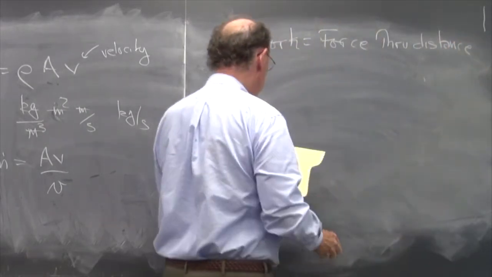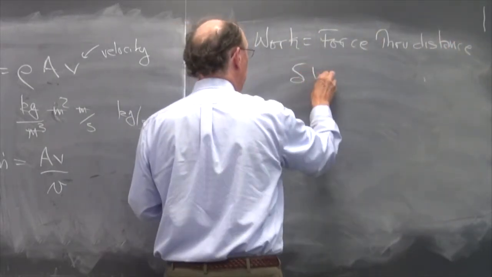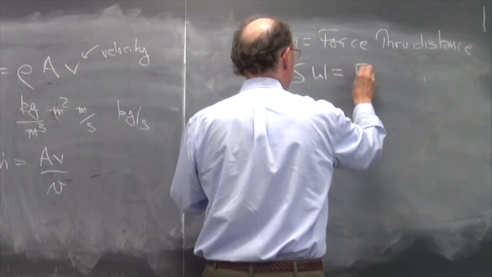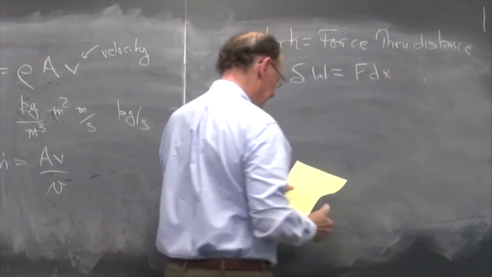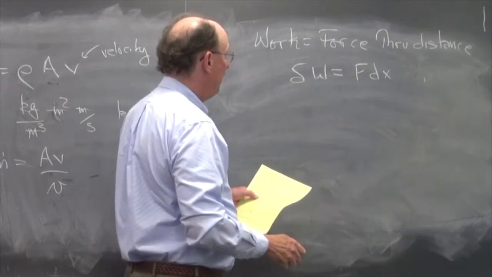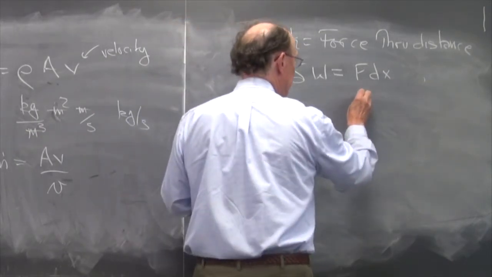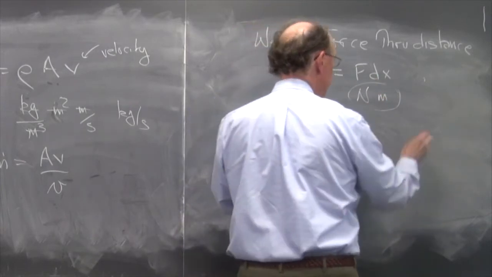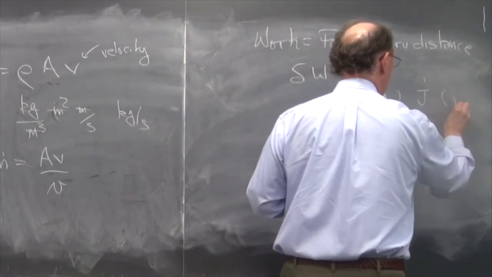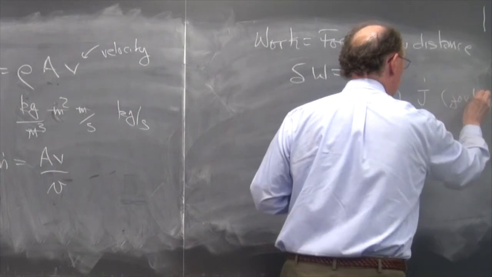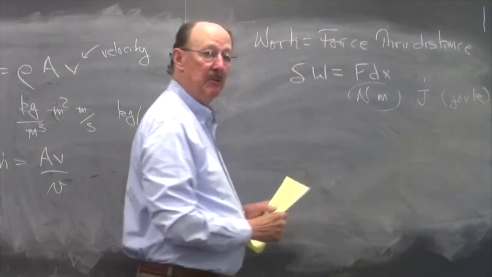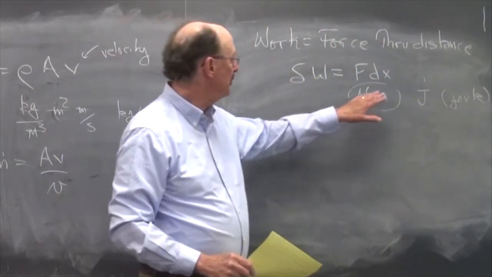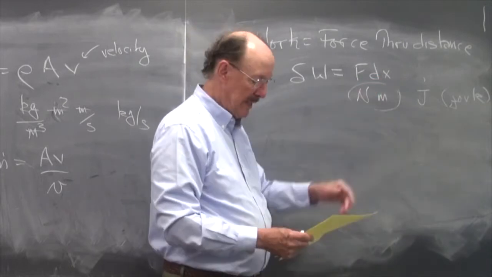And so we have del W is equal to F dx. This is newtons and meters, so a newton meter is a joule. And so the terms of energy are measured in joules.